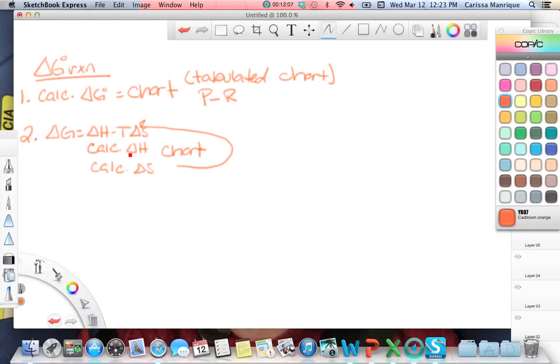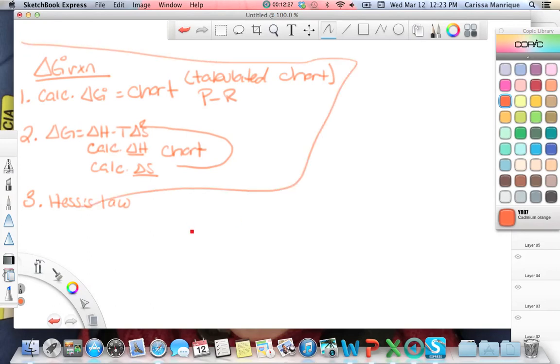They would say something about delta H and delta S. The third way would be Hess's law, and that's when you multiply your delta G by a number, or you flip it, all of those. Okay, so that's when to use those.